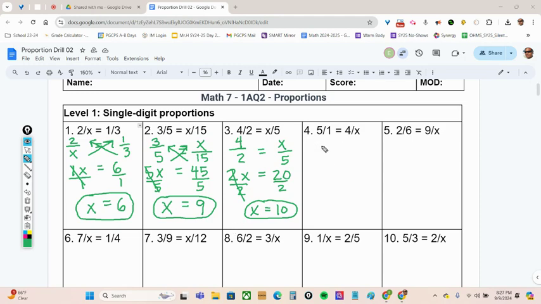Next problem. 5 equals 4 over x. Cross multiply, I'm going to do this side first and do 5x is equal to 4.